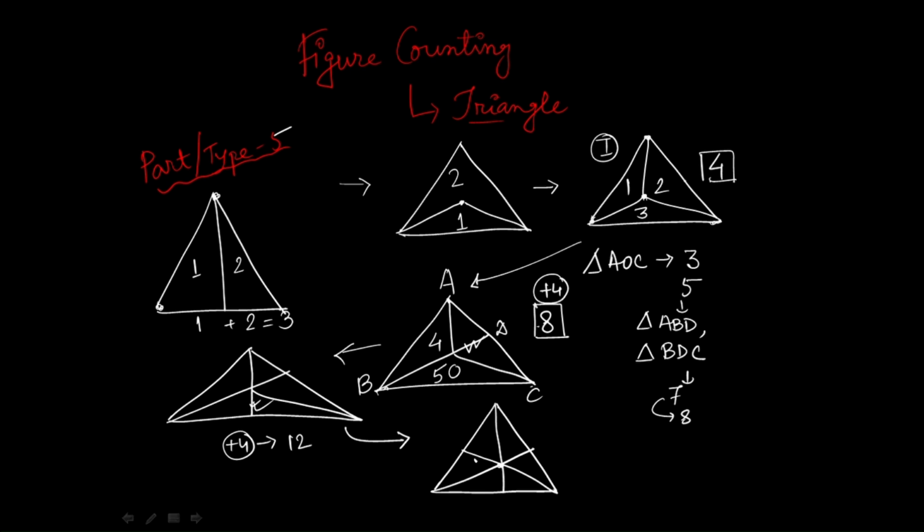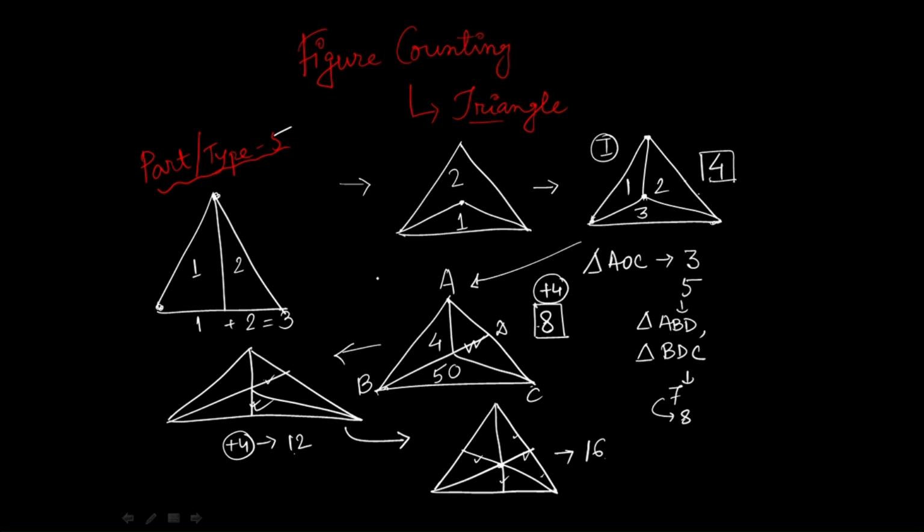And when 3 lines are touching the sides, dividing the sides into 2 parts, then there will be 16 triangles. It adds 4, then plus 4, 8, then plus 4, 12, then plus 4, 16. Each straight line is creating 4 more triangles.